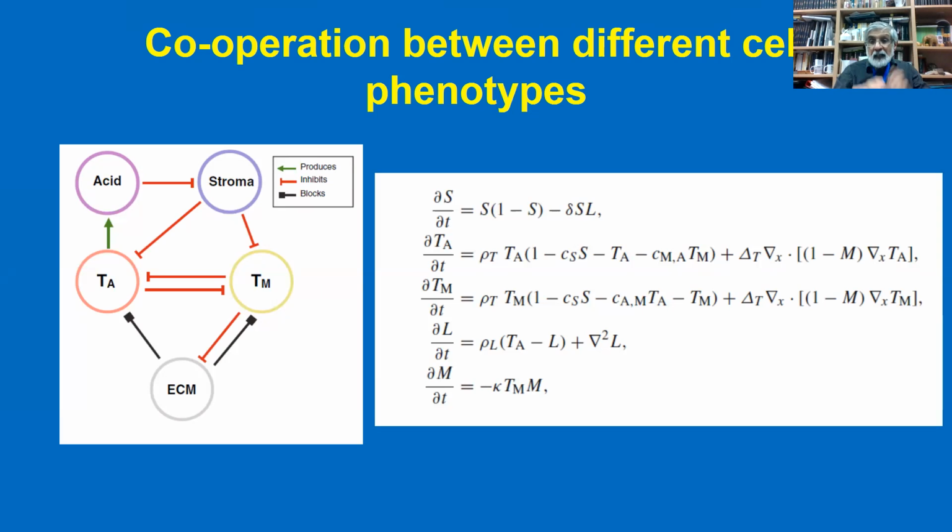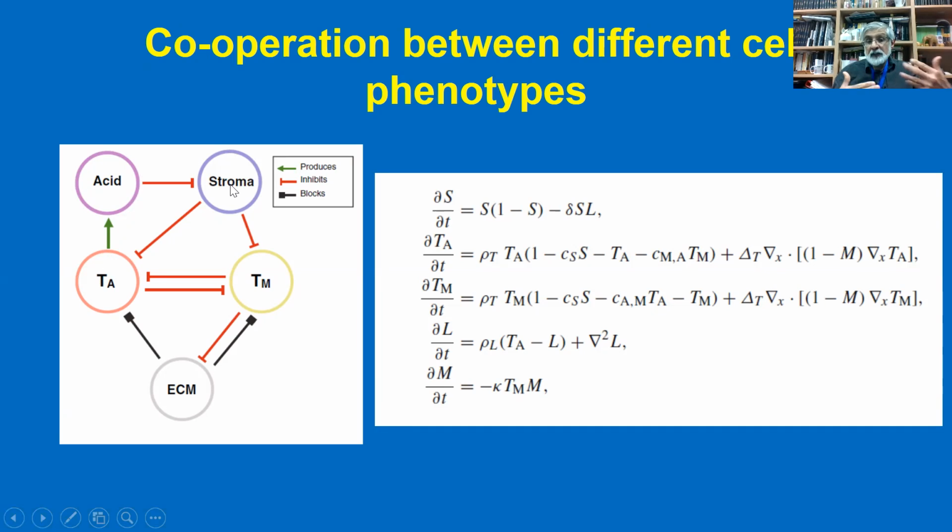What we said was, let's suppose that we've got two barriers to invasion. One barrier is the extracellular matrix. That provides a physical barrier, and it's known that cells have to degrade the matrix in order to go through the matrix. And let's assume that the normal cells are competing with the cells for nutrient, and therefore stopping them from growing.